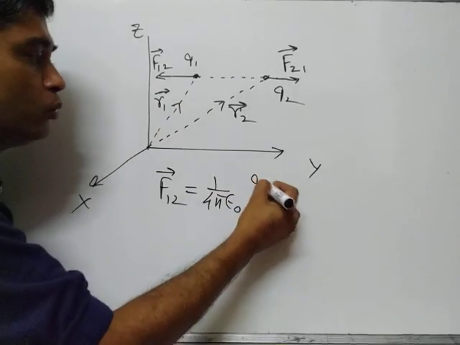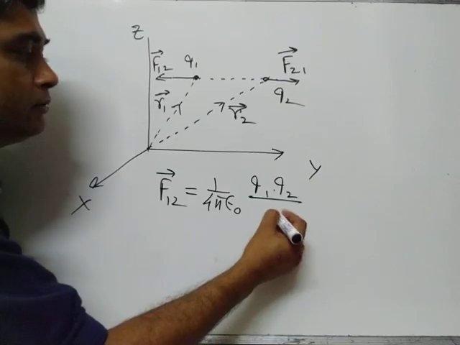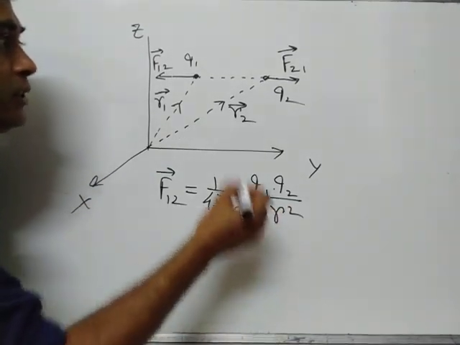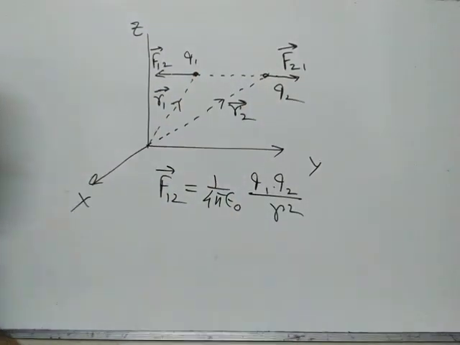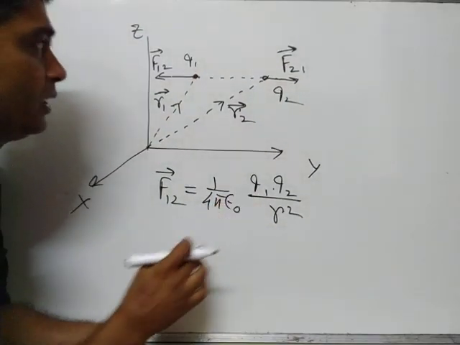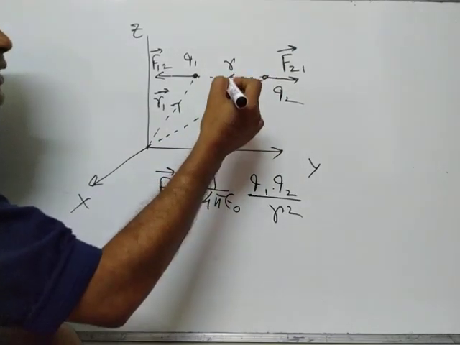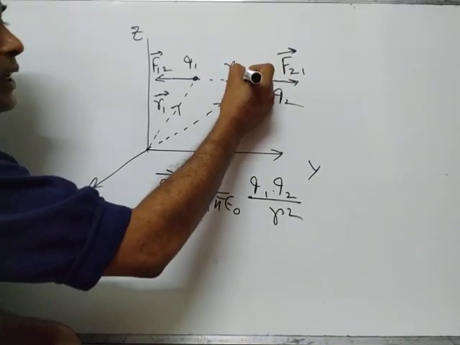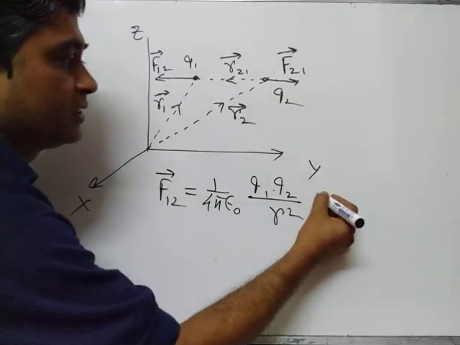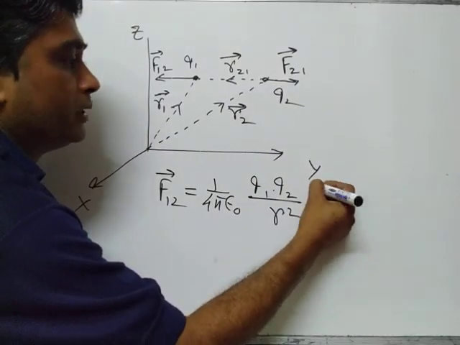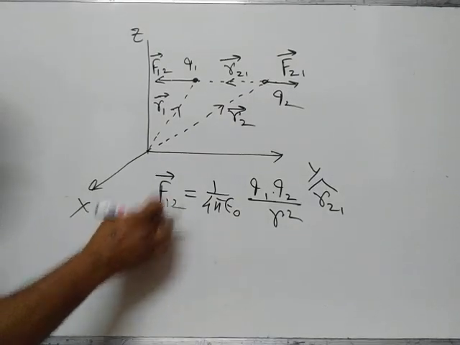F12 would be q1 q2 divided by r square, where r is the magnitude of the distance between q1 and q2, and it will be multiplied by the unit vector, r21 cap, because this force is in the direction r21.